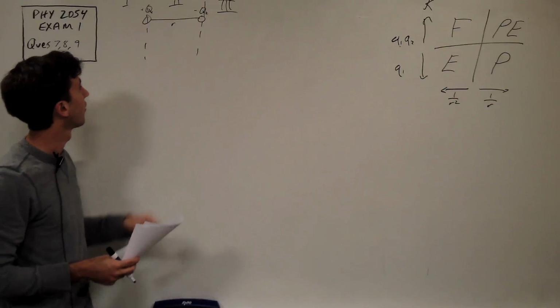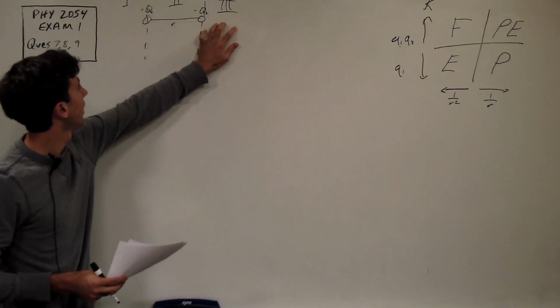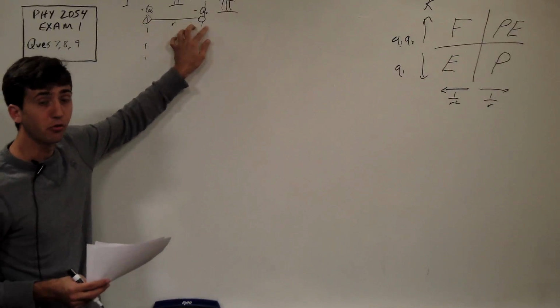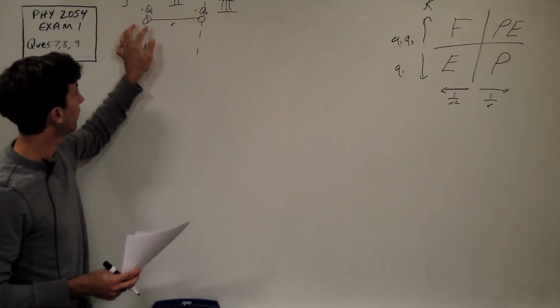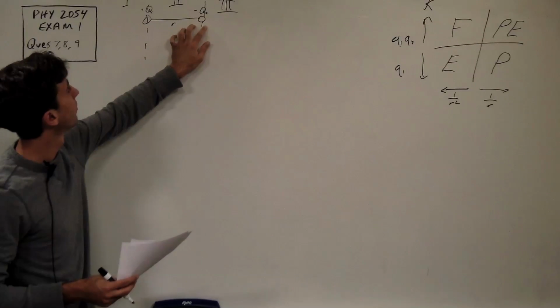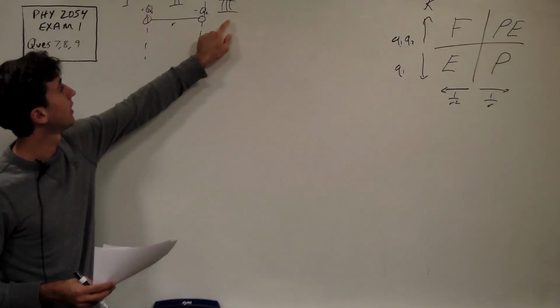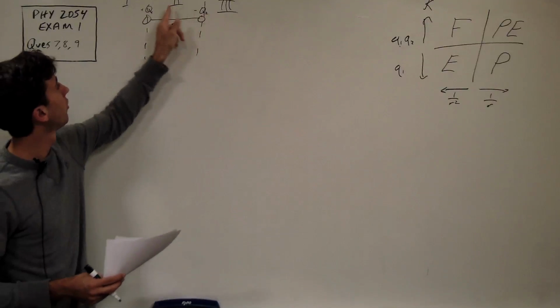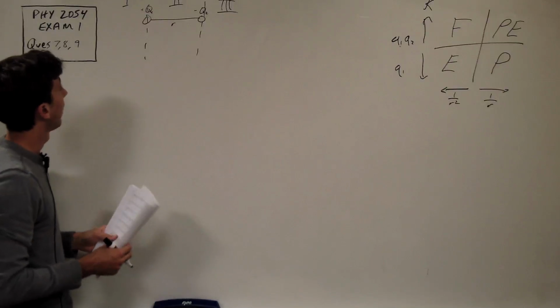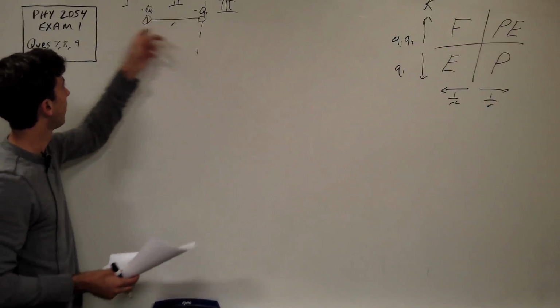What decides whether it's in region 1 or region 3? That would be the relative magnitudes of Q1 and Q2. If the charge of Q1 is much greater than that of Q2, you'll find it in region 3, because it wants to be closer to Q2 than Q1. And if the opposite happens, it'll be in the opposite region.